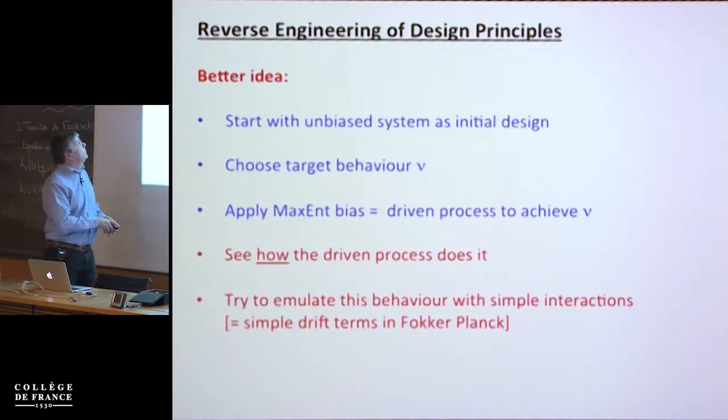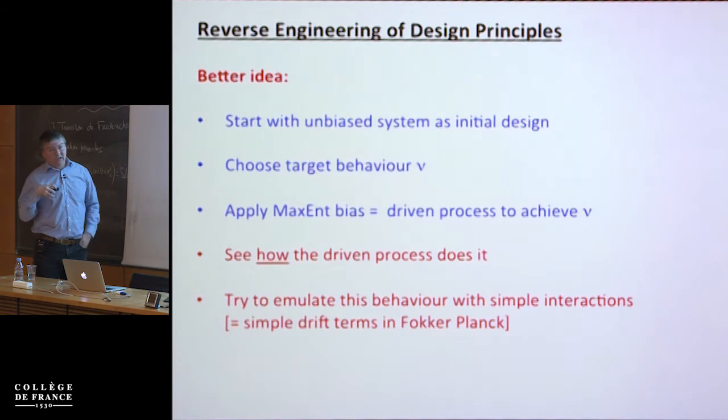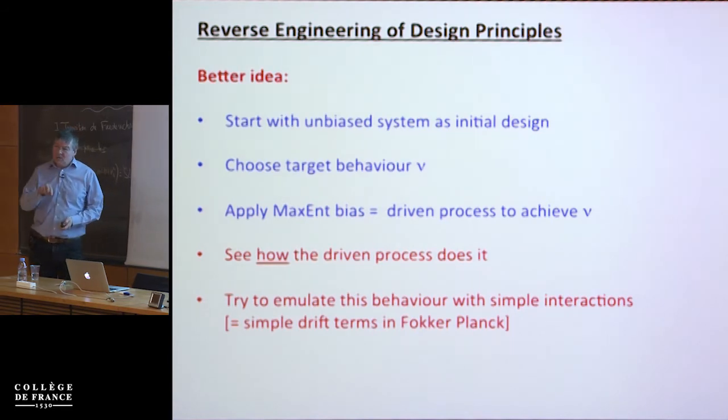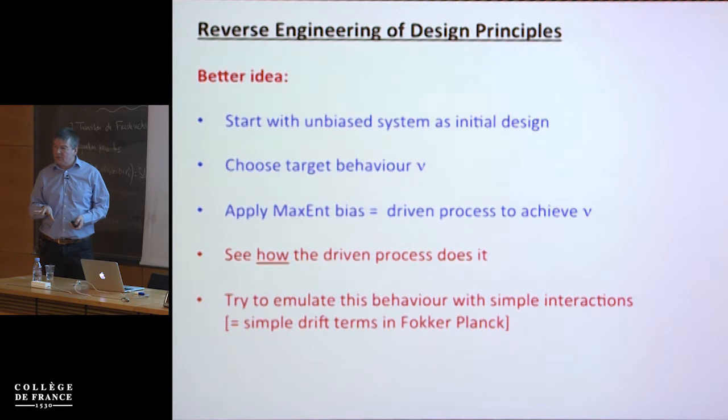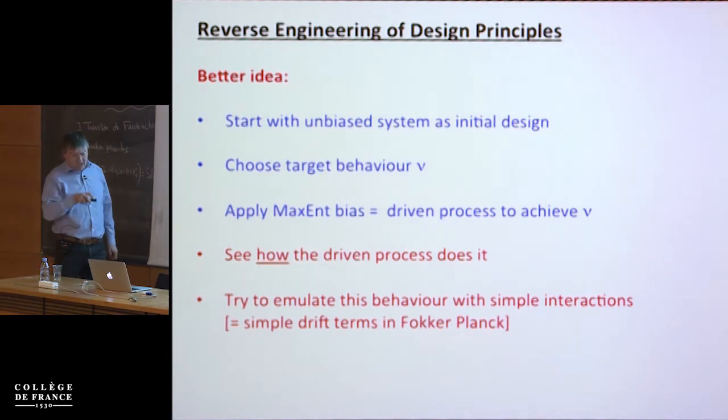So there's an alternative, though, which is slightly better. At least I'm hoping it is. So you do all this. You simulate the system with the cloning algorithm, and you see how it behaves. So you just watch it. And then as you watch it, you may see it do things which you can think, I recognize that behavior. I know how to achieve that behavior with simple interactions. And this, at least, is what happened in the example that I'm going to describe later.